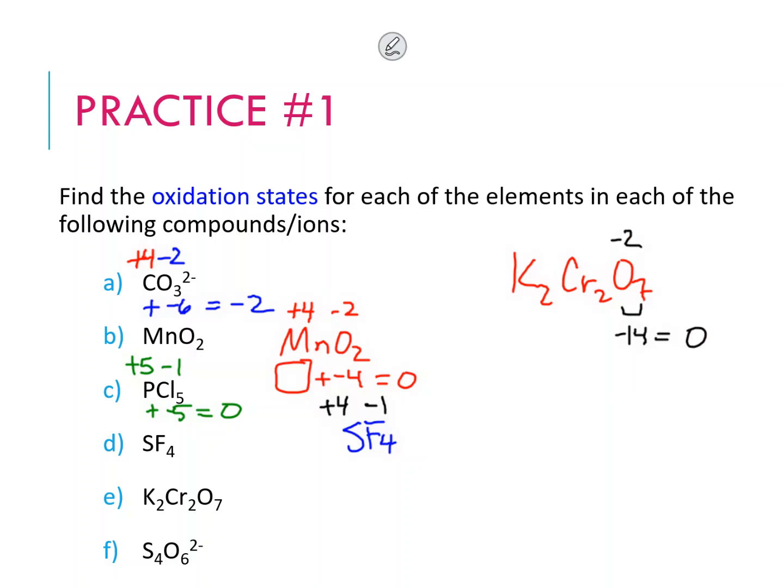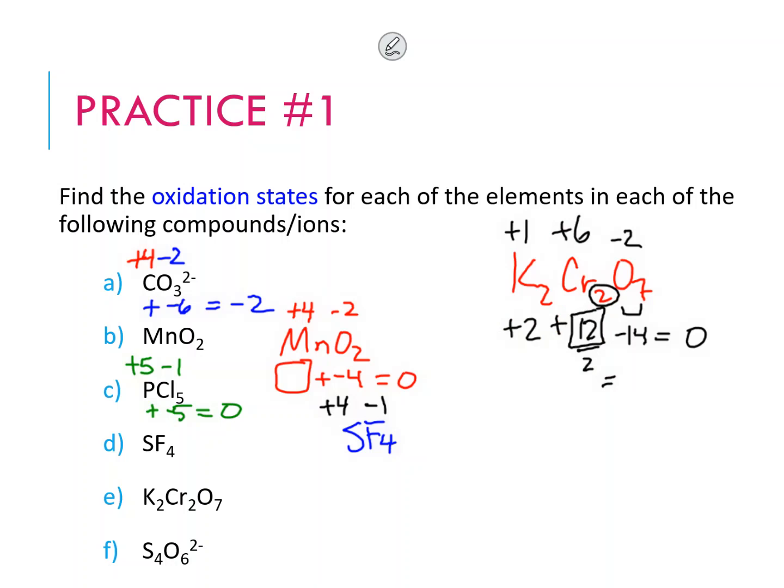Potassium. We know potassium. Alkali metals are always going to be what? Plus 1. Good. So this is going to be plus 2. So what goes in here? It's going to be a 12. But there's 2 of these, so we have to divide that by 2. So this is going to be plus 6. Each individual one is a plus 6.